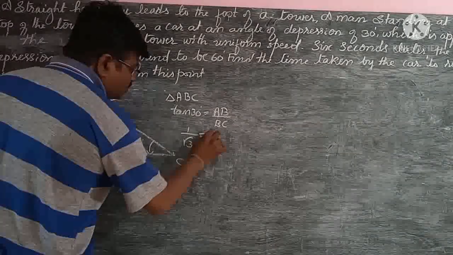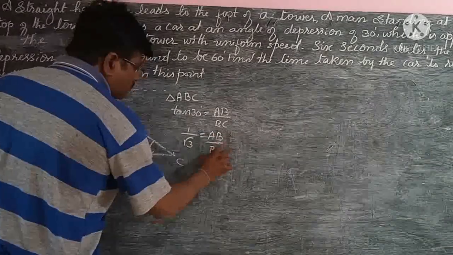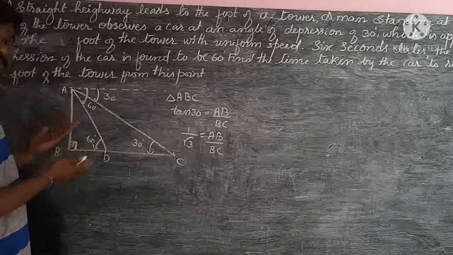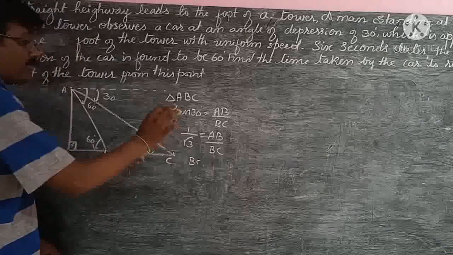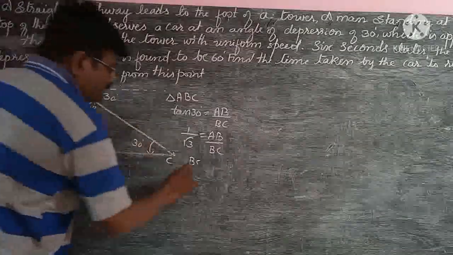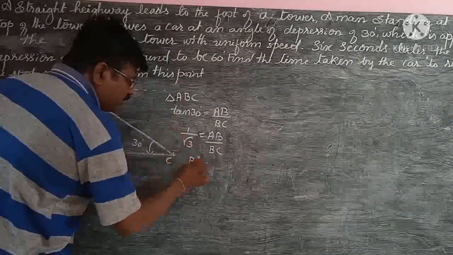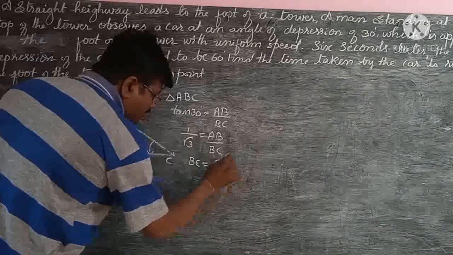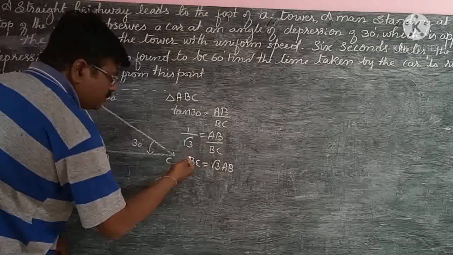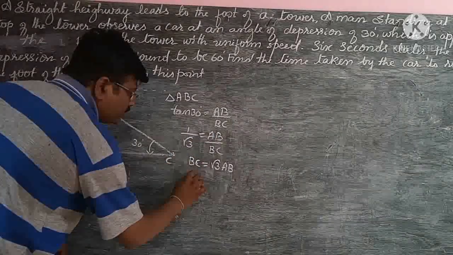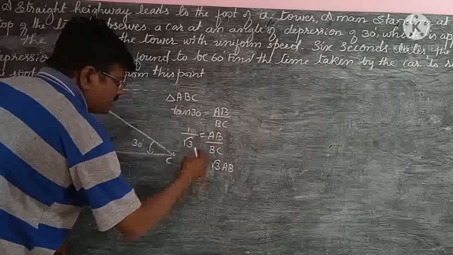So 1 by root 3 is equal to AB divided by BC. We don't know the length of BC or AB, they are not mentioning it. They have only given the tan 30 degree value, which we know. So BC can be written as root 3 AB. BC is equal to root 3 AB is correct.